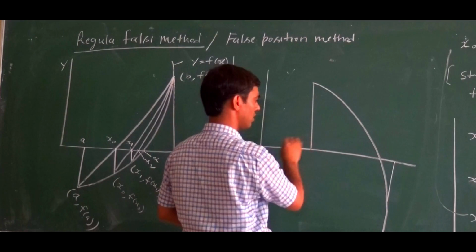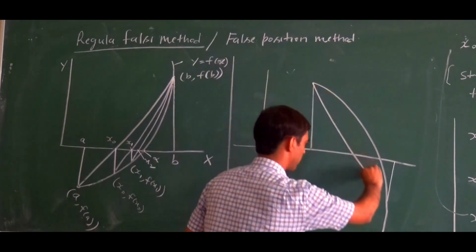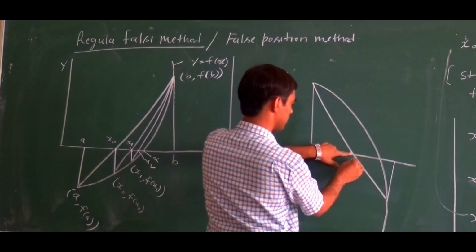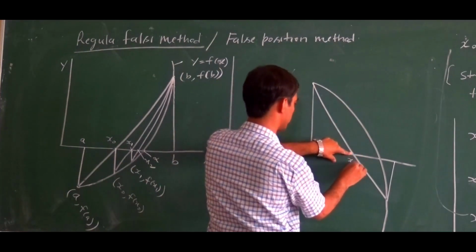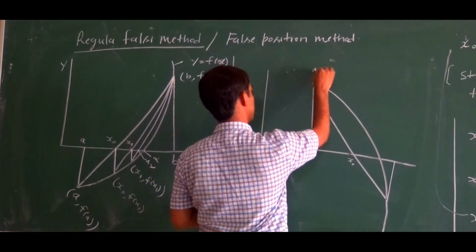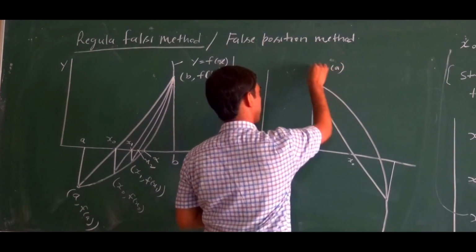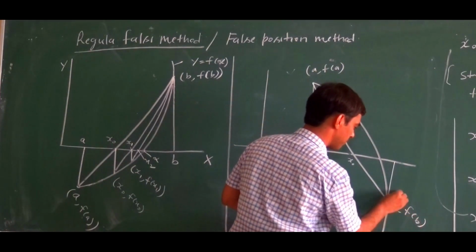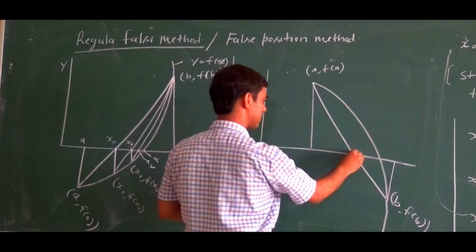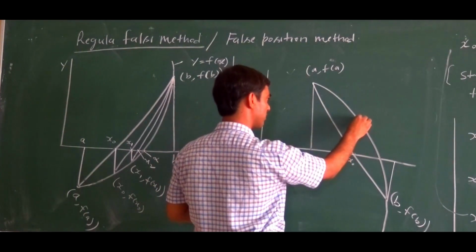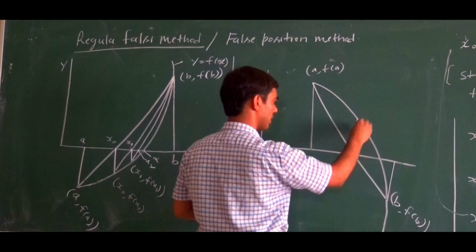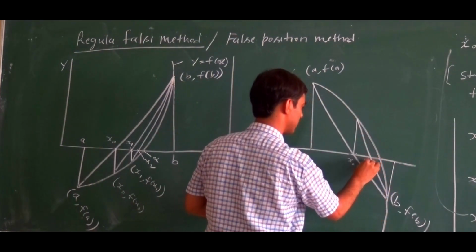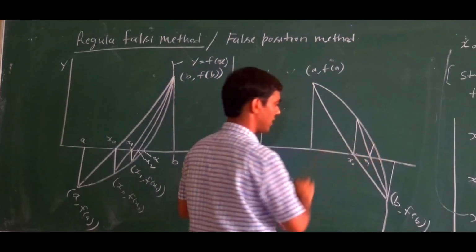In this case also, the first point of intersection is x0, with f of A and B, f of B. Now the point of intersection of the straight line is this one, and the value of the function is this one. Now again we draw a straight line like this, and this is the second approximate value x1, and this is another value.